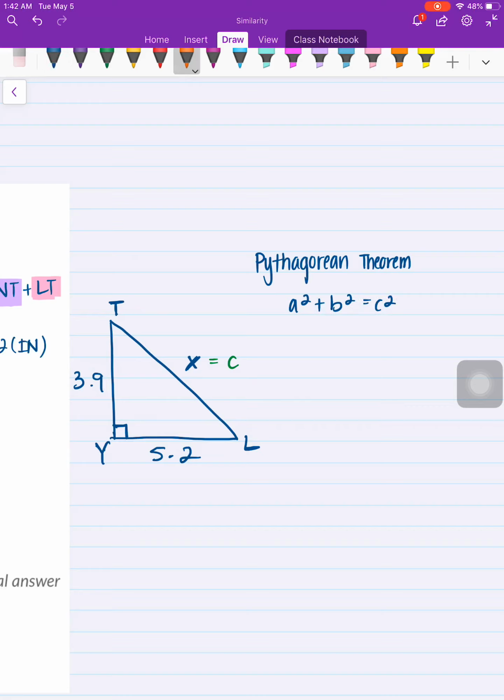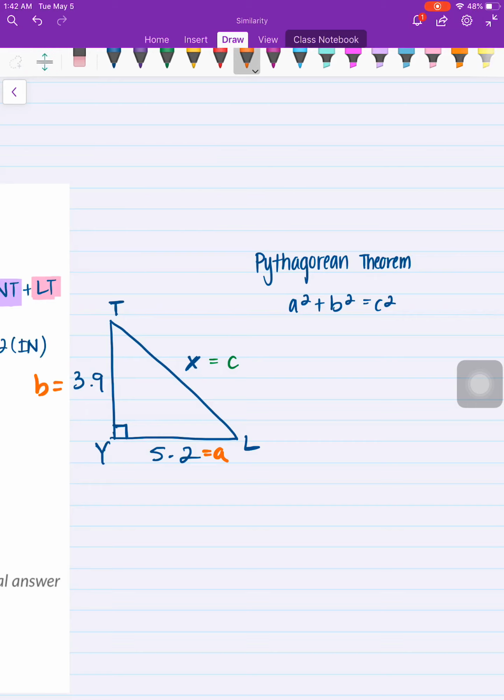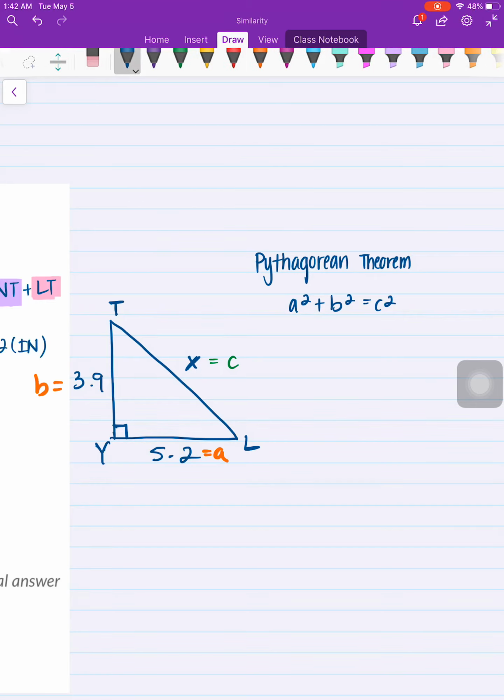I'm going to label this as my A and this as my B. So then we have 5.2 squared plus 3.9 squared equals c squared.